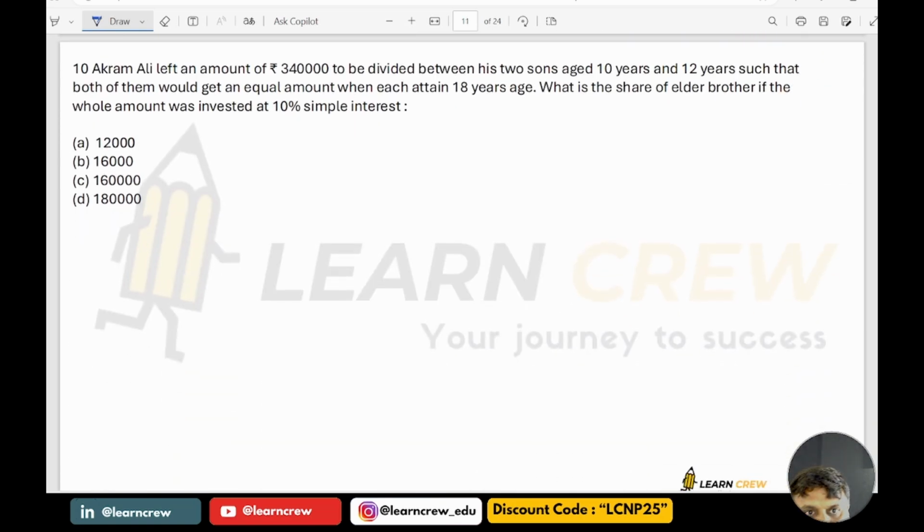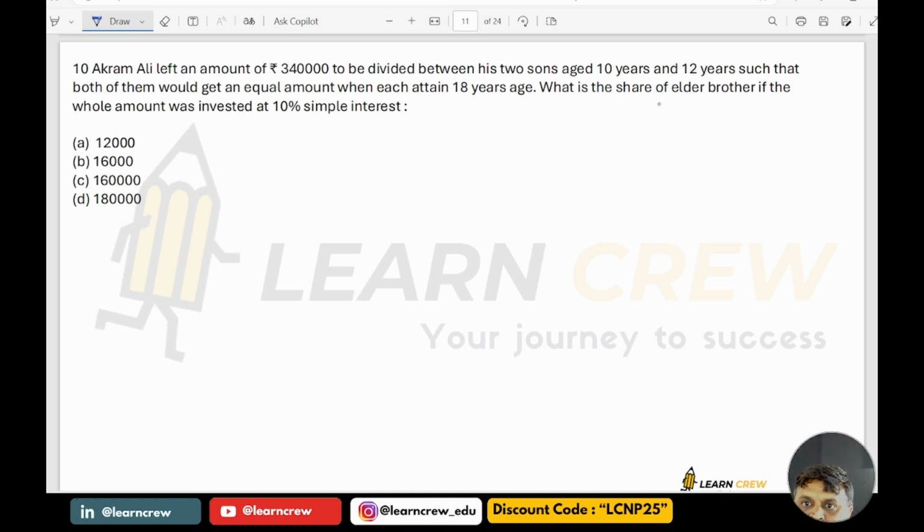Akram Ali left an amount of 3,40,000, divided between his two sons, aged 10 years and 12 years, such that both of them would get an equal amount when each attains 18 years of age.